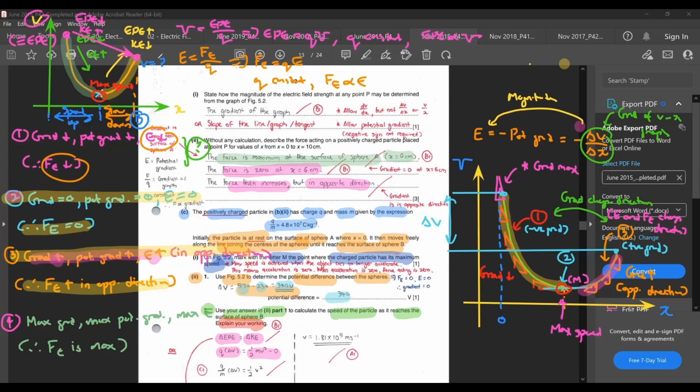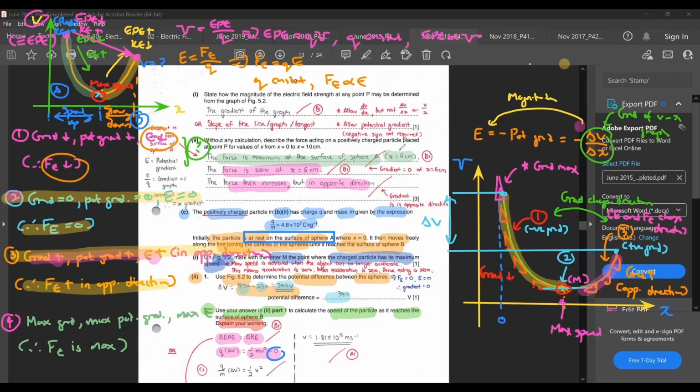Your kinetic energy is based on this speed at sphere B. But when you're talking about the surface of sphere A, right over here, recall that the question mentioned that your particle is at rest on the surface of sphere A. So here, because it is at rest, you do not have KE. KE is actually equal to 0. That's why there's a 0 here. You only have KE upon reaching sphere B. So it's half mv squared minus 0.